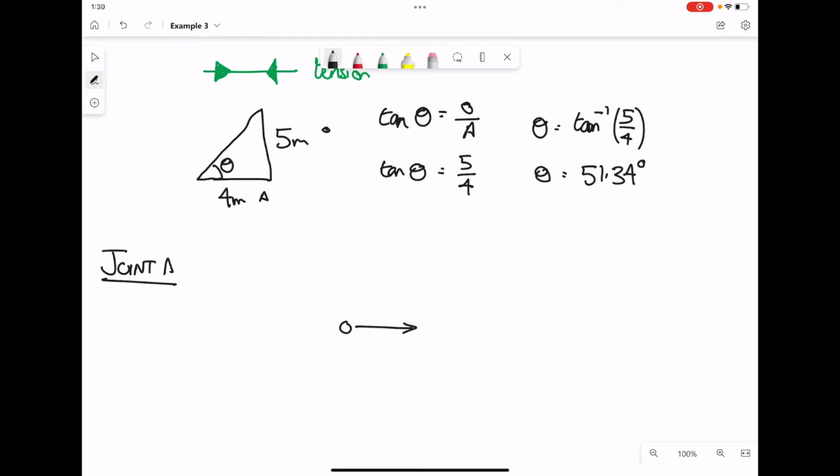So the forces at joint A look like this. We have force AB acting horizontally, and then force AG at an angle of 51.34 degrees, and our applied load of 30 kilonewtons acting downwards.